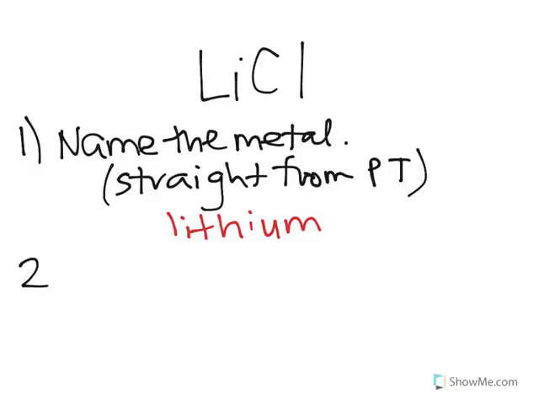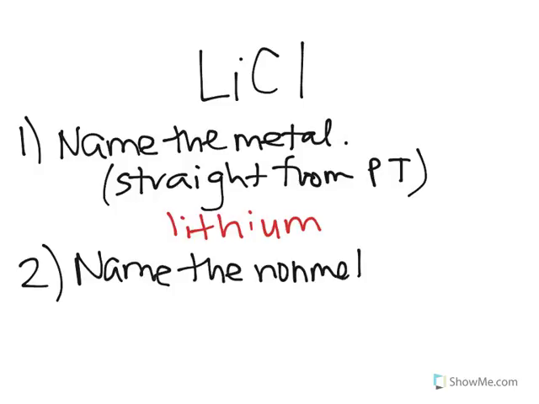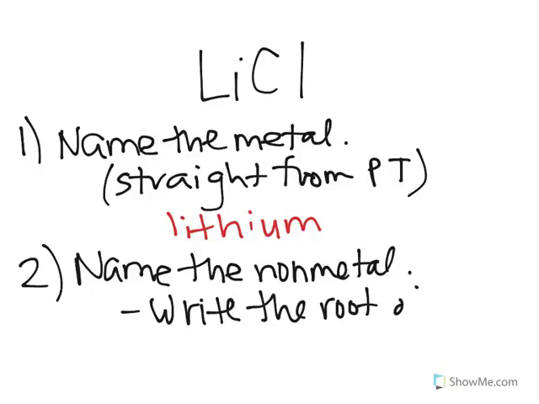Alright, step number 2 says name the nonmetal. And there are 2 steps to this. The first step is to write the root of the name from the periodic table.